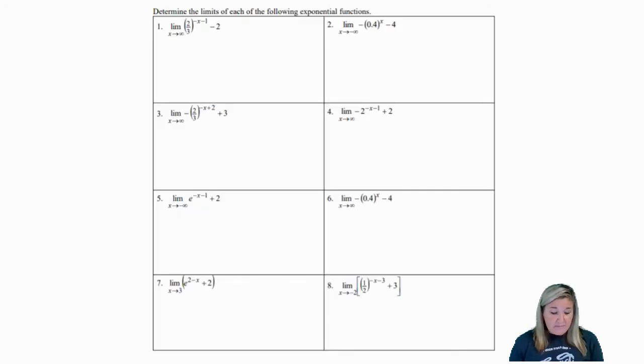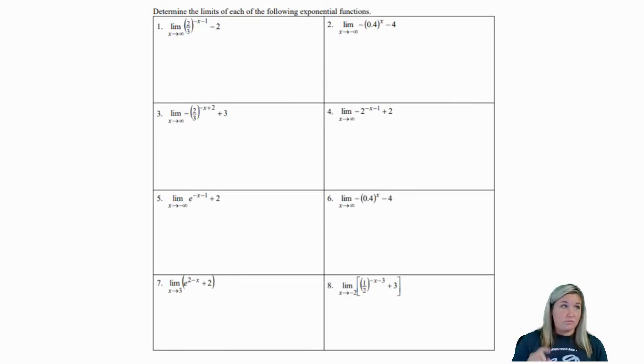All right, so the limit as x approaches positive infinity of 2/3, so that's our b, it's between 0 and 1, raised to the negative x minus 1, and then minus 2. So our b is between 0 and 1, and we have 1 reflection because x is negative.